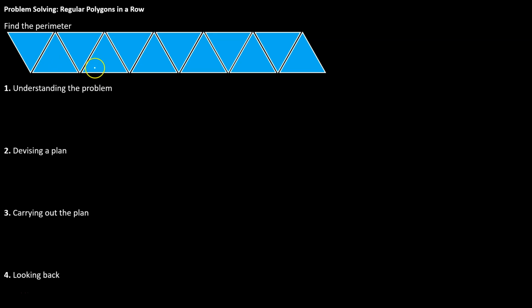I'm changing the problem slightly from what's in the school book page just to make it a little more general, but after this you should be able to follow the school book page in your textbook. The first thing I want to notice is that the triangles appear to be regular.